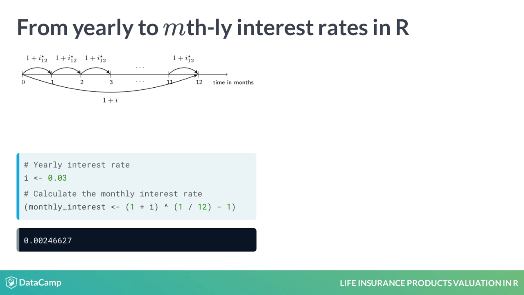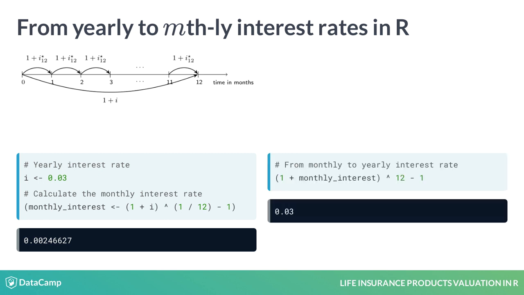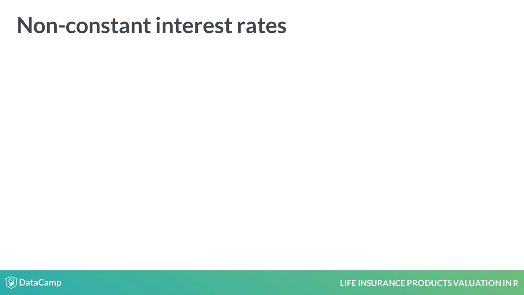You can verify this result by transforming back. 1 plus the monthly interest is how €1 grows over 1 month. Raise this to the power 12 and you find the accumulated value of €1 over 1 year. Subtracting 1, the initial capital, gives the yearly rate. That's again 3%.